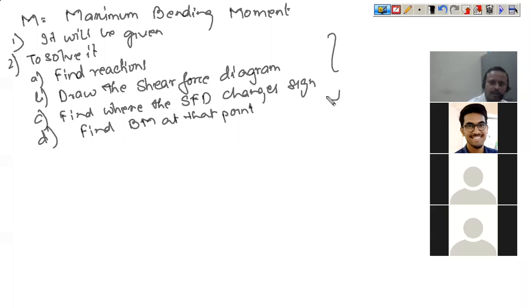You have to be very careful, because you won't be allocated any marks for determination of reactions, drawing the shear force diagram, or finding the location where the shear force diagram changes sign. We are only concerned with the magnitude of the bending moment.